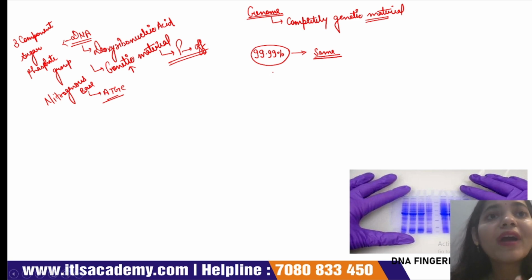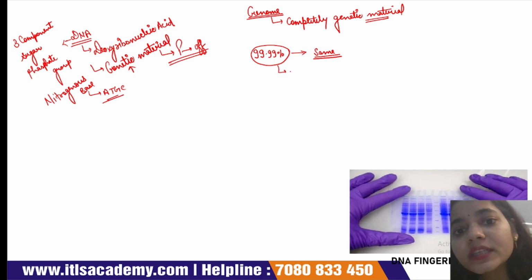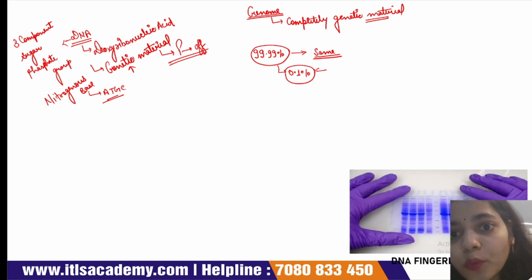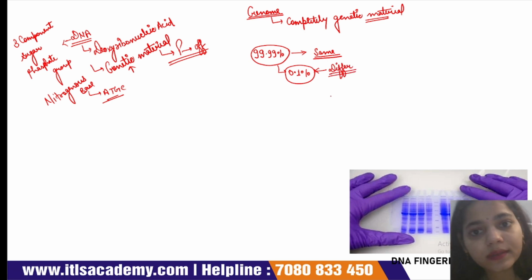Why are we different from each other? We are different due to the 0.1% of our genetic material. Only this 0.1% of genetic material of one individual to another is different. That's why we all differ from each other.